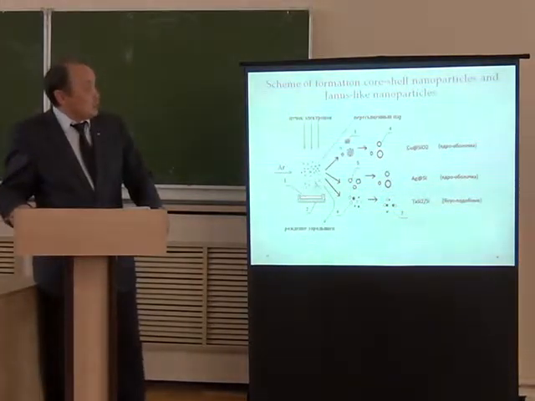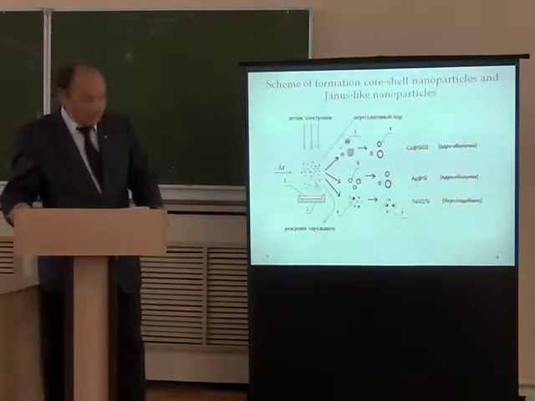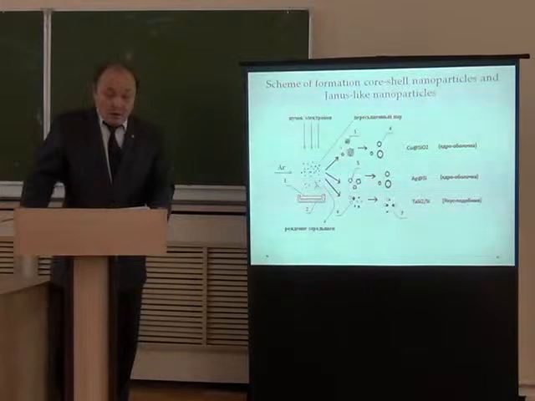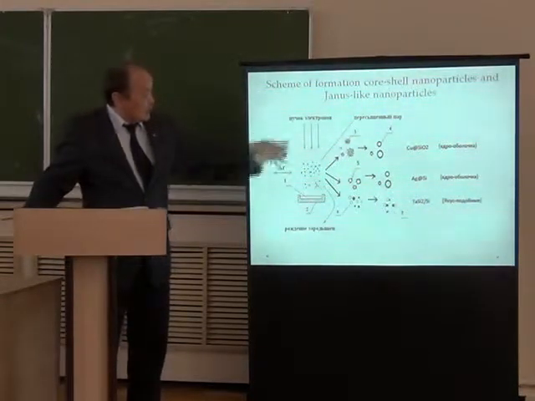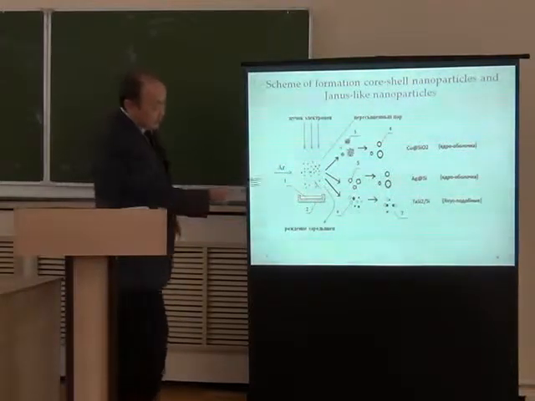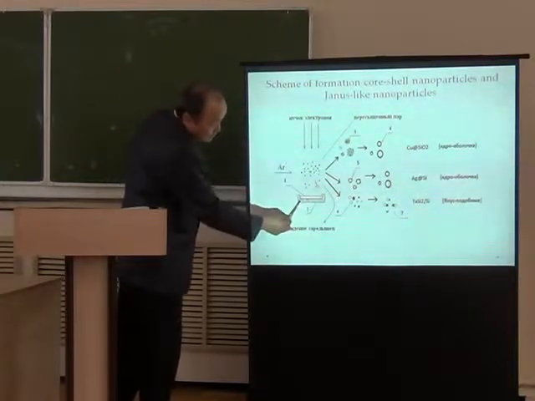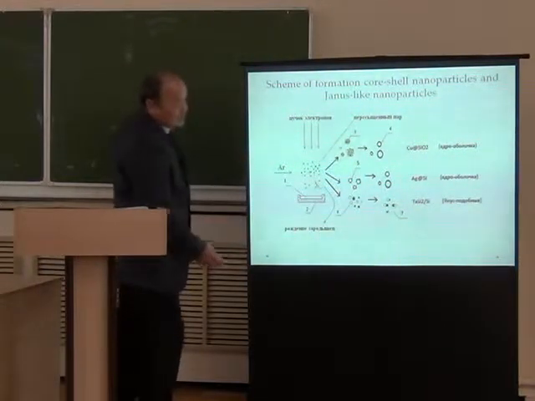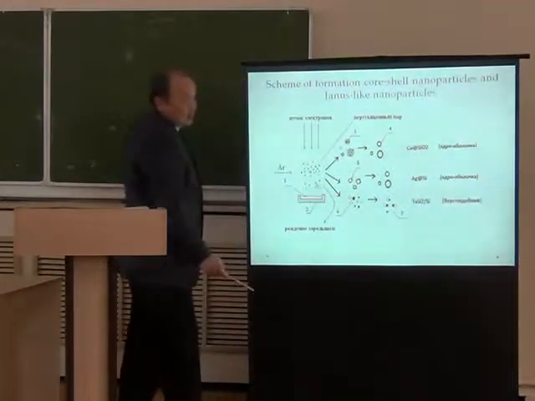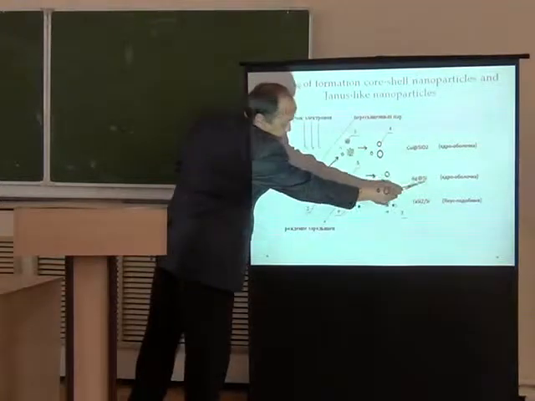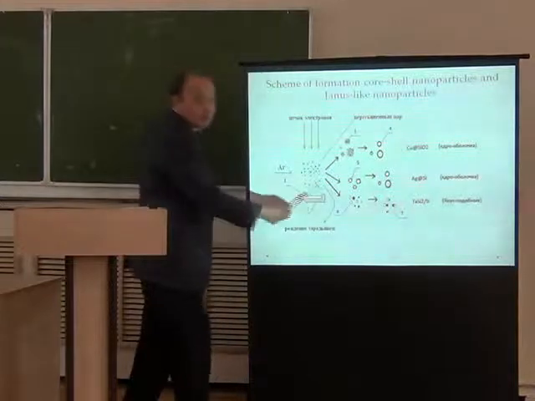Scheme of formation of core shell nanoparticles and Janus-like nanoparticles. A beam of electrons hits a graphite crucible with two substances, maybe copper and silicon, maybe silver and silicon, maybe tantalum and silicon.